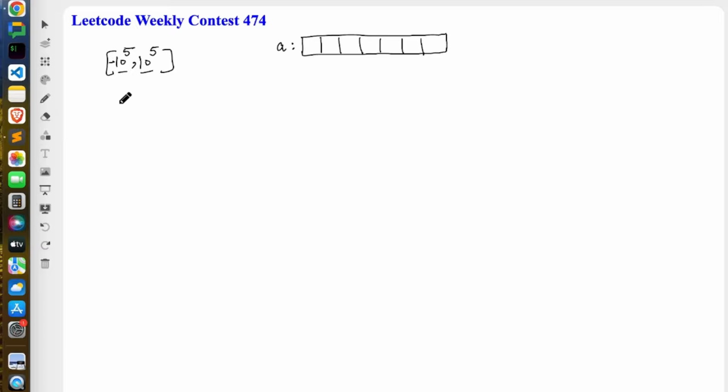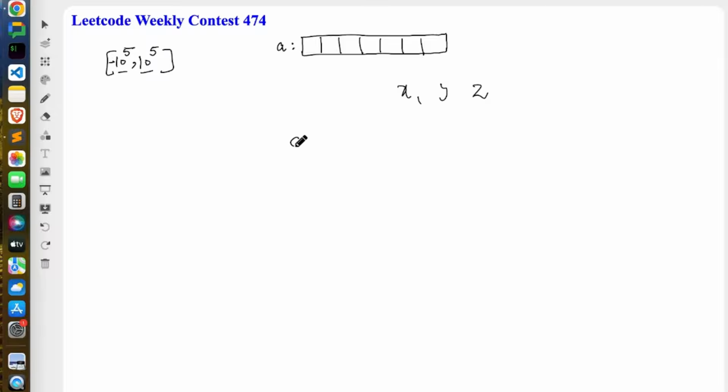Now that was the first point. Now the second point: we have to replace one of the numbers with either 10 to the power 5 or minus 10 to the power 5. What does it mean? Let's choose three numbers from here, x, y, and g. Let's say I replace one of the numbers with 10 to the power 5 or minus 10 to the power 5.